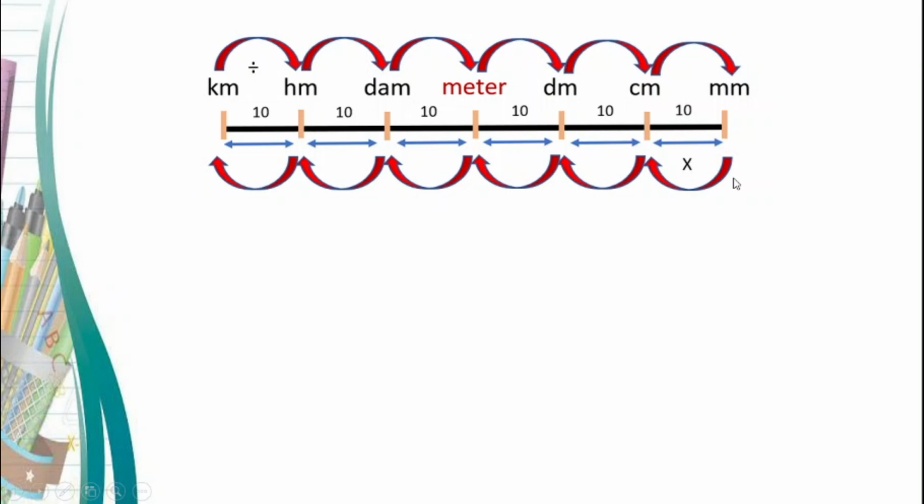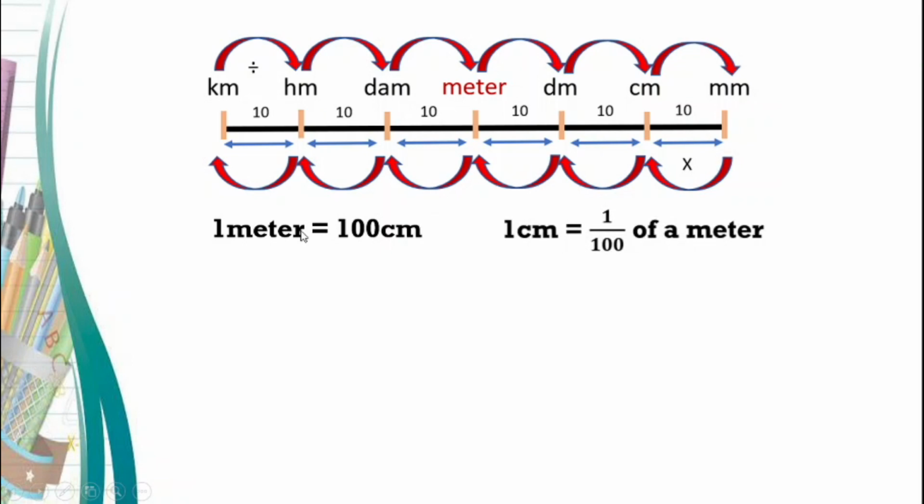multiply it by thousands. Now, let's convert 1 meter to 100 centimeters. So 1 meter is equivalent to 100 centimeters. Now 1 centimeter is equivalent to 1 over 100 of a meter.